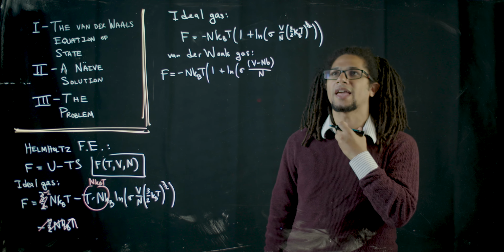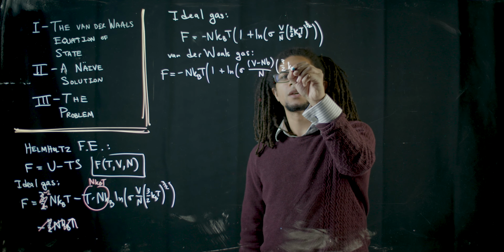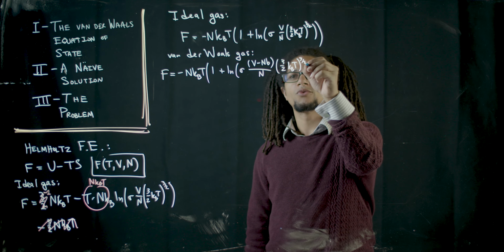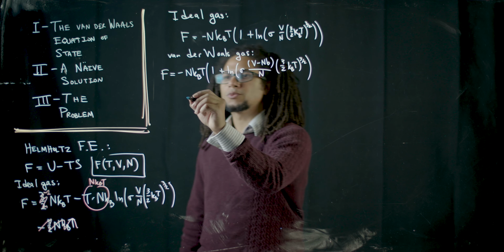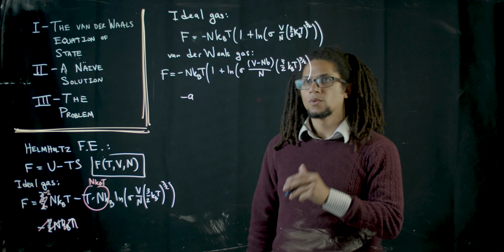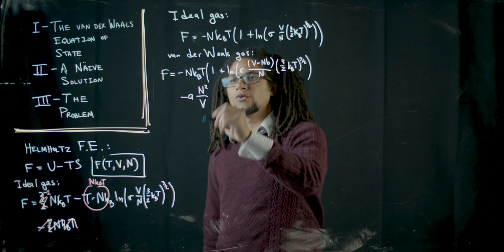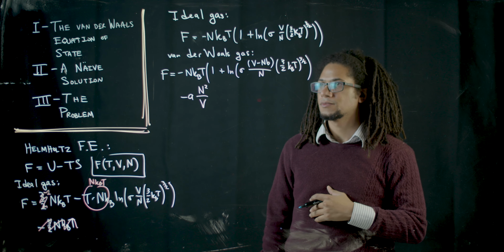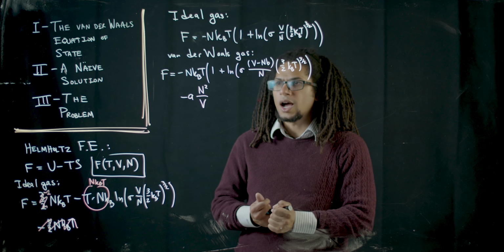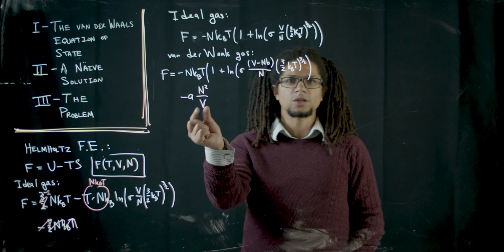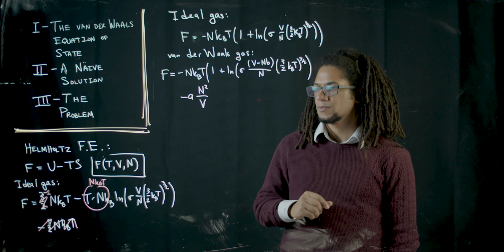Then we'll divide that by N. Then (3/2) k_B T to the 3/2, just as before. Close that. And then we're going to subtract another term, a times N squared over V. I should have said, this term describes somehow this repulsive interaction between the gas particles.